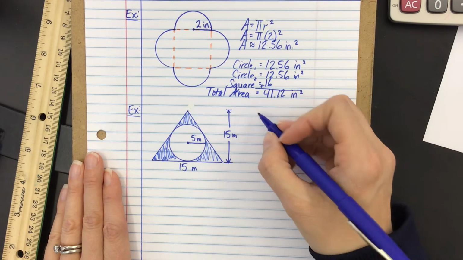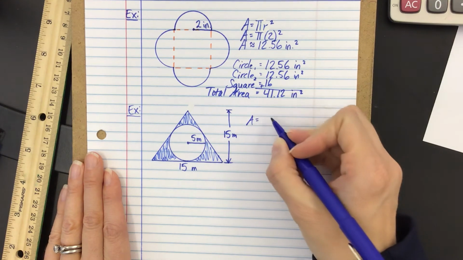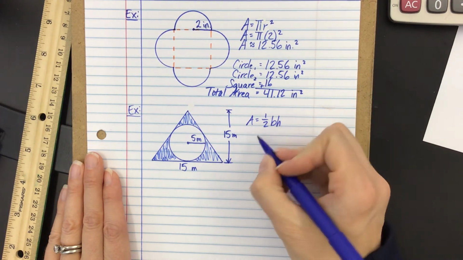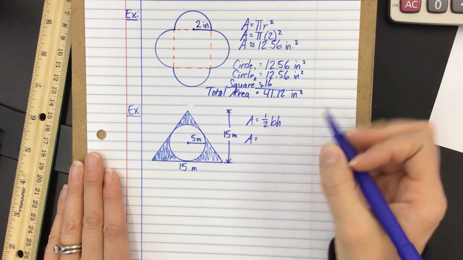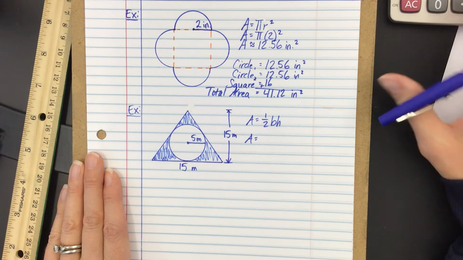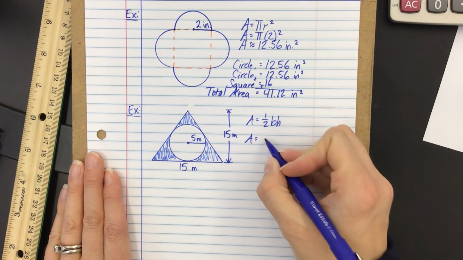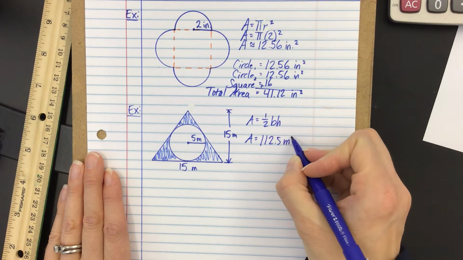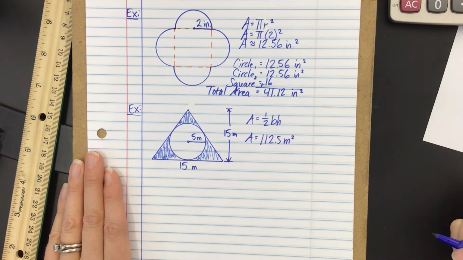Okay, so the first thing I'm going to do is find the area of my triangle. So that's a half times the base times the height. So that'll be 15 times 15 divided by 2. So I'm getting 112.5 meters squared for the triangle.